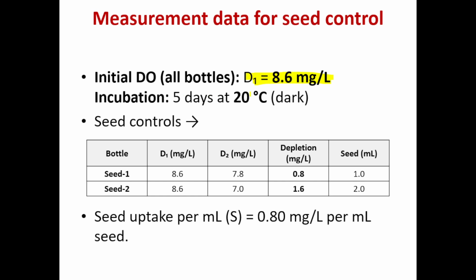After 5 days of incubation, in case of seed bottle 1, the final DO was 7.8, and in bottle 2, 7. Depletion is 0.8 mg per liter here and 1.6 here, and the seed we used is 1 ml here and 2 ml here. So we can calculate seed uptake per ml.